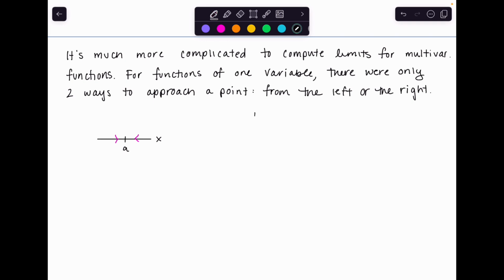For us, we now have a point we're approaching. So here's our a, here's our b. The limit does not indicate the direction. So I could come in this way. I could instead come in on a diagonal path up to that point. I could come straight down like this.